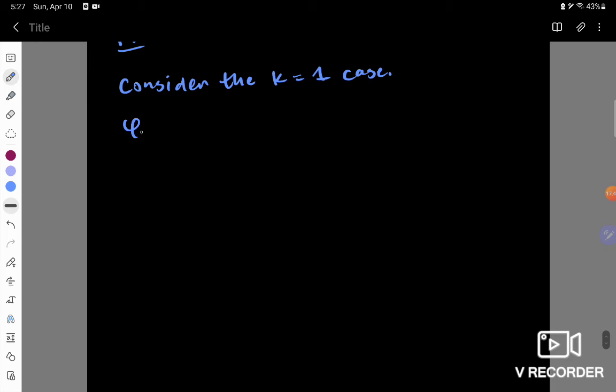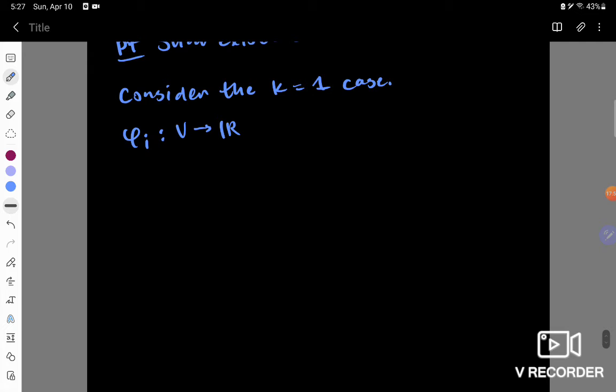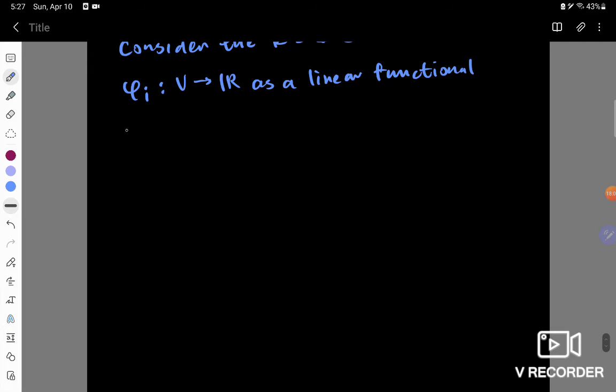The dual basis can be constructed, can be determined by specifying its values on arbitrary basis elements.